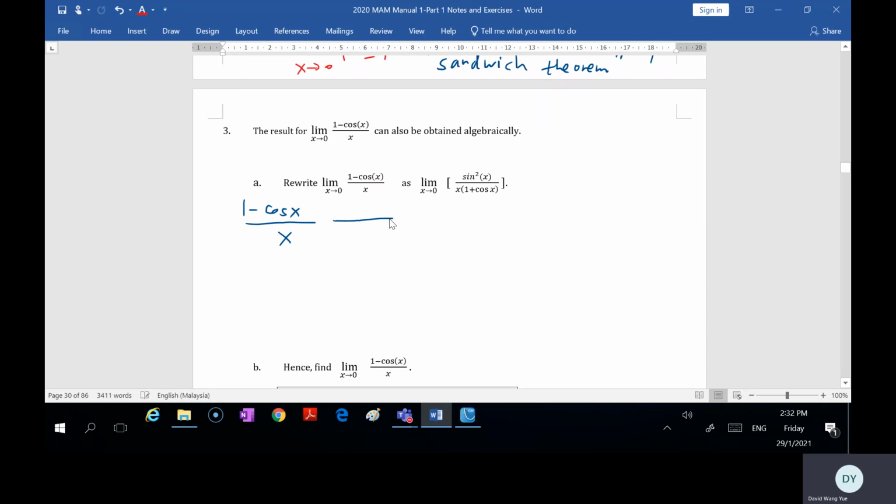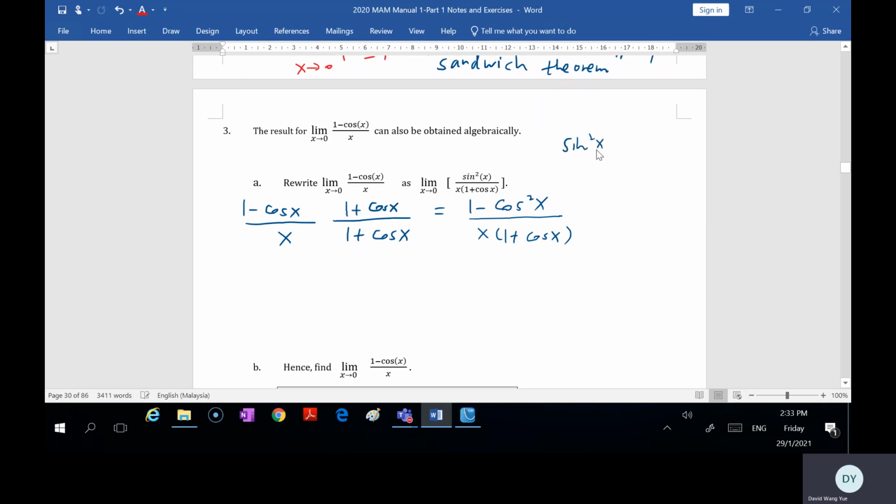Now this one I will multiply by 1 plus cosine x over itself. So on the top, I multiply by 1 plus cosine x. At the bottom, I also multiply by 1 plus cosine x. The top equals 1 minus cosine squared x. The bottom is x times 1 plus cosine x.